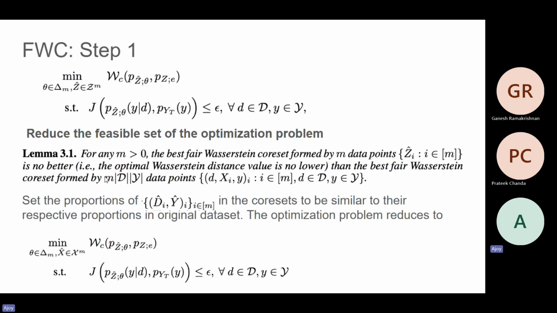So they want to reduce the size of the feasible set of the optimization problem. So they first fix the d's and y's and subsample the feasible set from the original data set. So this I don't understand.